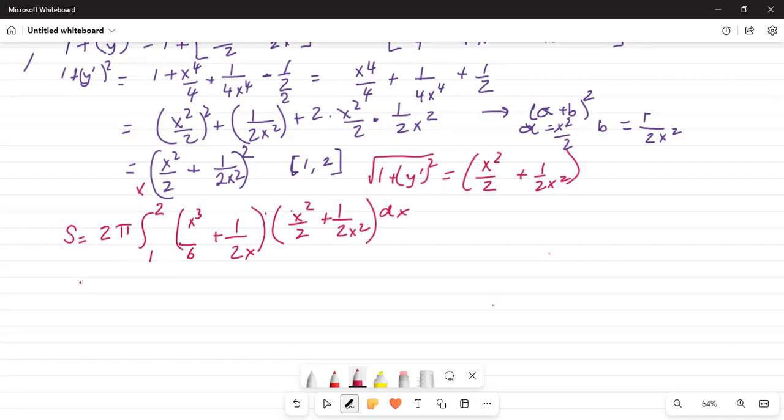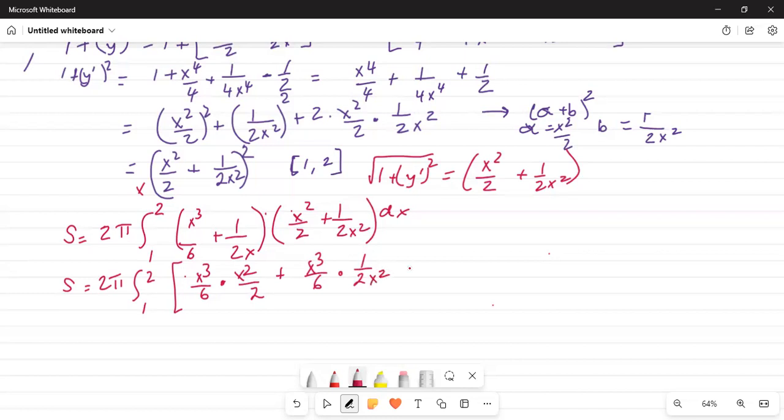So if we keep 2 pi, S is equal to 2 pi, integration limits from 1 to 2, you have x cubed by 6 distributed, using the FOIL method, first term. Then the outside term is x cubed by 6 times 1 over 2x squared.